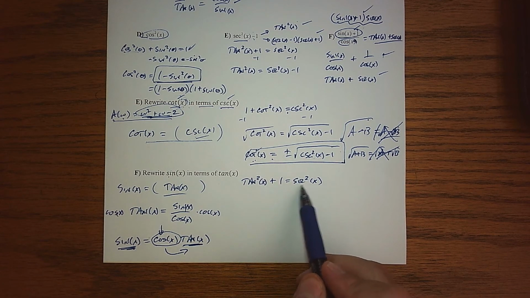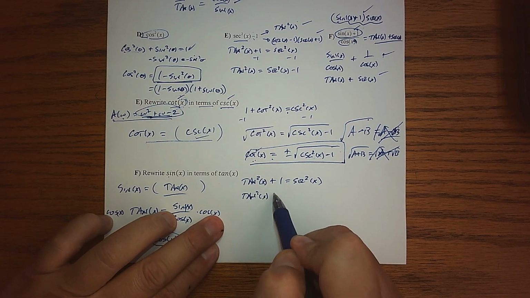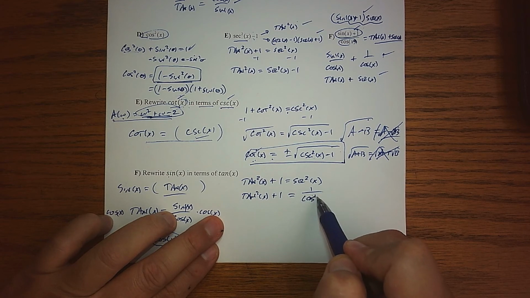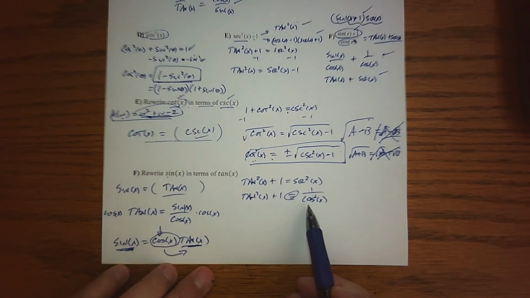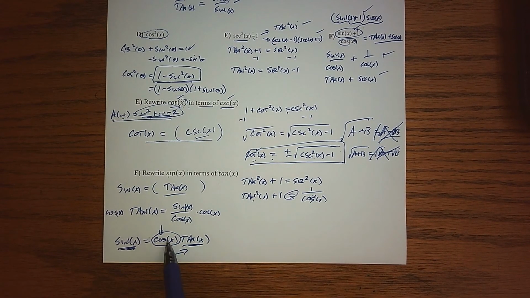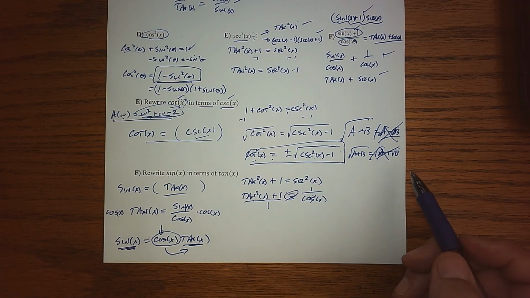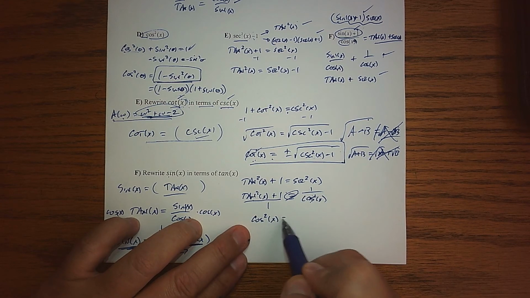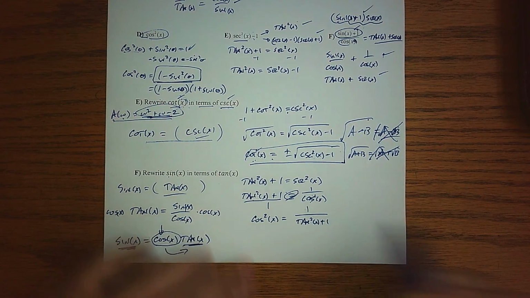The reason I'm going here is because of what we know about secant: it's 1 over cosine squared x. Now I have an equation that relates cosine to tangent, which is going to help me later on. Let me write this over 1. If we do a quick cross multiplication and solving, we essentially get that the cosine squared of x is 1 over the tangent squared of x plus 1.